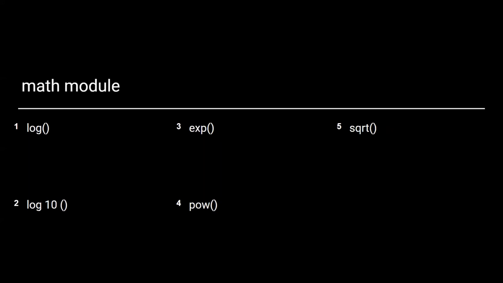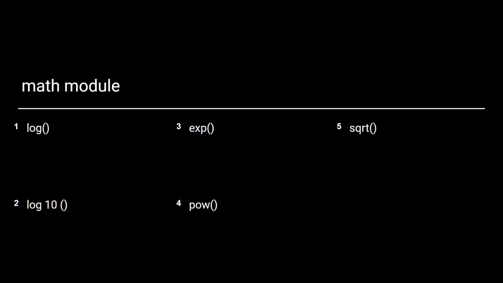We have the math module. In the math module, we have a total of five functions which are displayed here. Except these five functions, there are also many more functions in the math module, which we will discuss later. First of all, what is the log function? It returns the natural logarithm of a given number. Then we have log10.